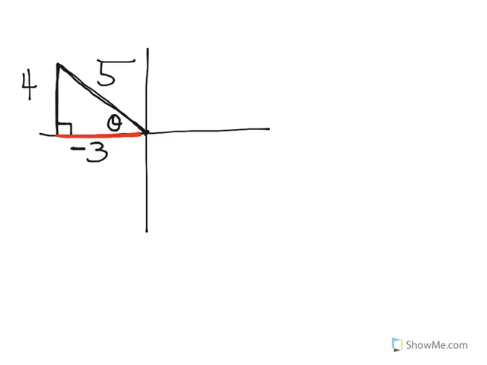Now that I've given you a triangle with some sides here, we are going to practice figuring out the values for all 6 trig functions. So let's pair this intentionally. Let's pair sine and cosecant together since they are reciprocal functions.